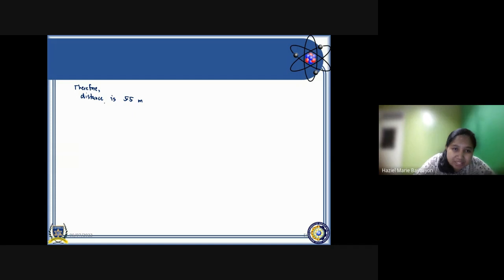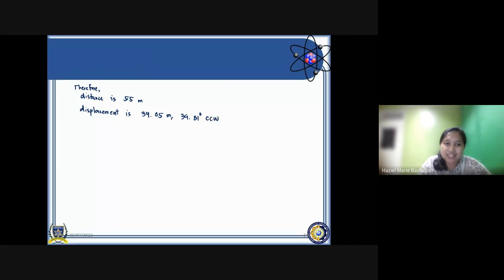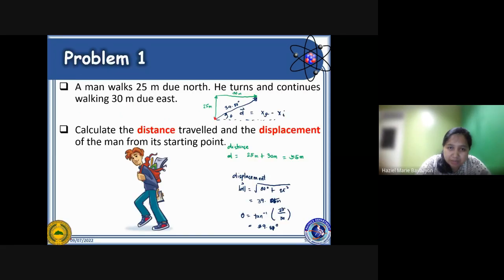Okay, so therefore, distance is 55 meters and then the displacement made by the man is 39.05 meters, 39.81 degrees counterclockwise from the positive x-axis. Okay, so we have obtained the distance and the displacement.